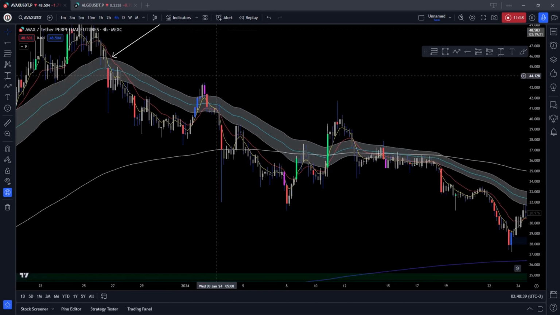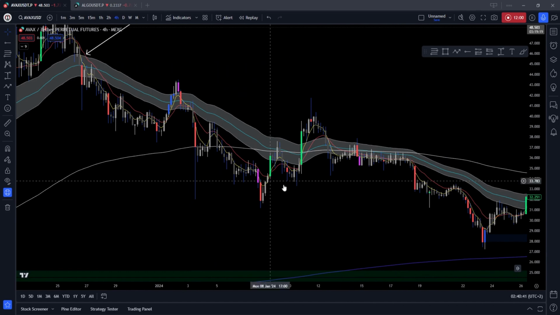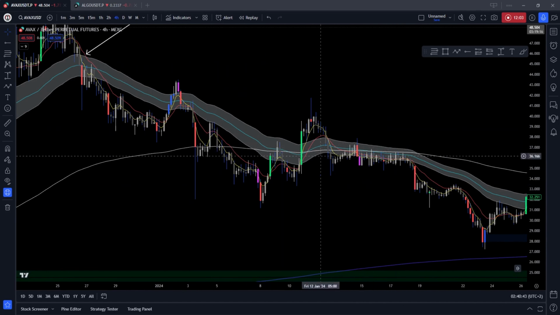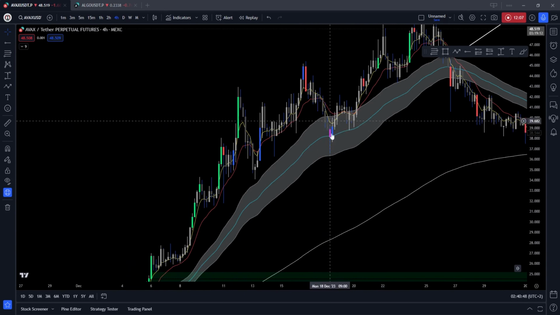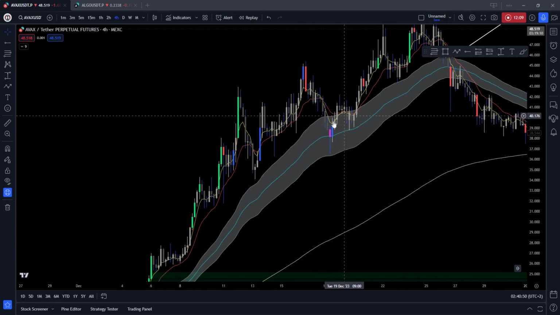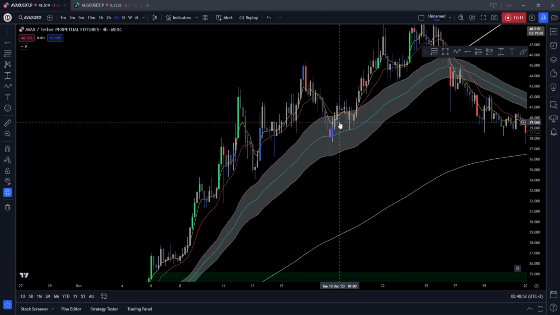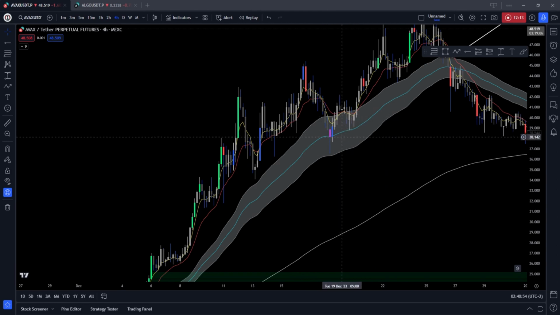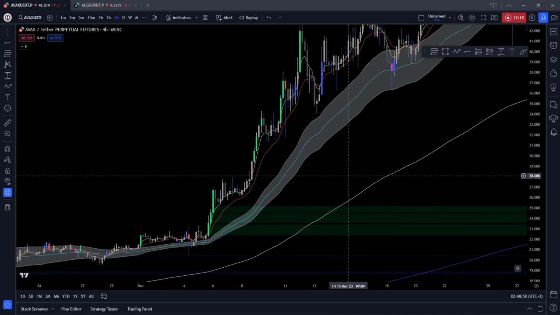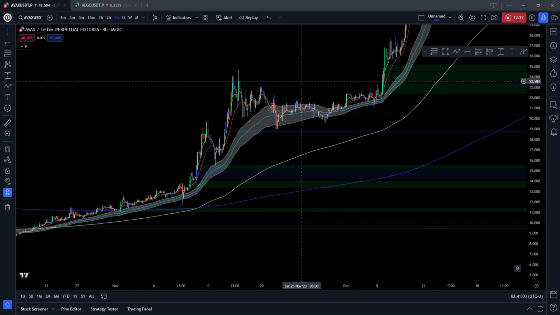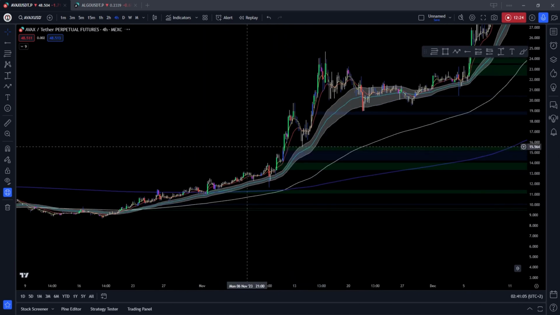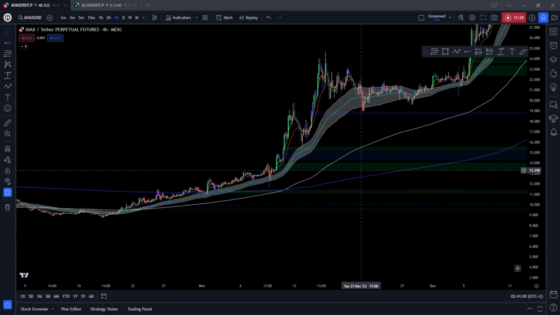Just practice this and look at how the AMAs unfold. Look at what happens when the AMAs cross, what happens when it retests with a certain type of candle. You're always looking for what happens and why it happened, so ask those questions and backtest it. You will see a lot of things that are really logical.